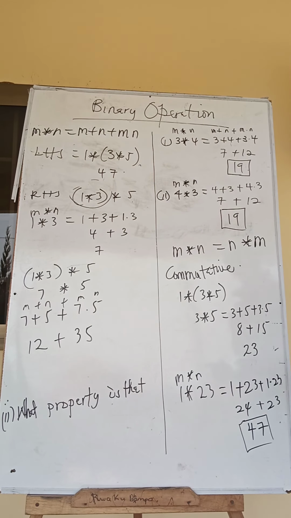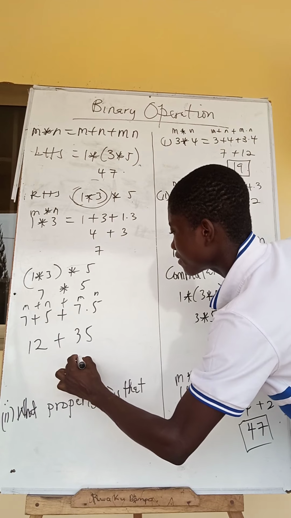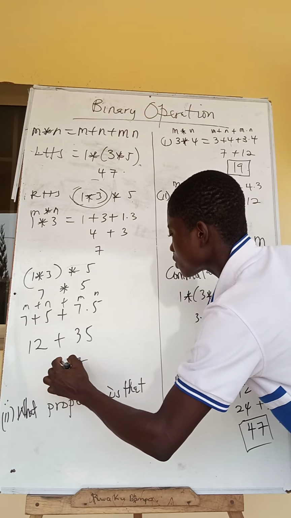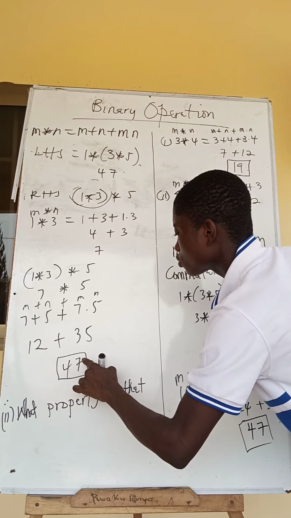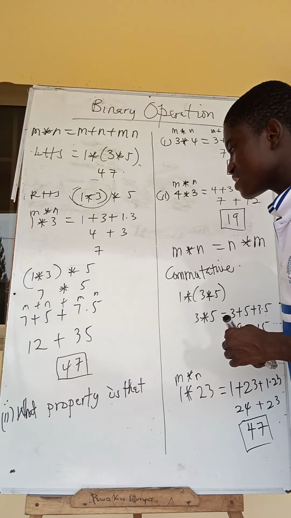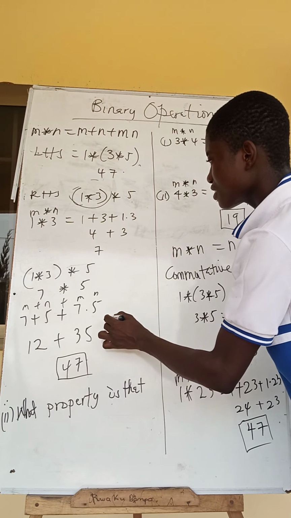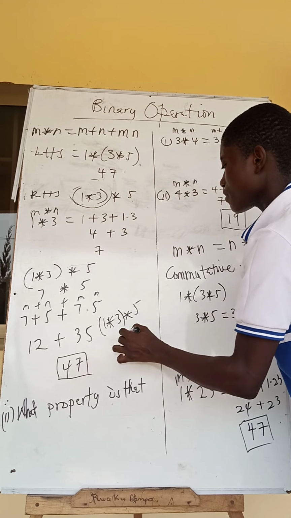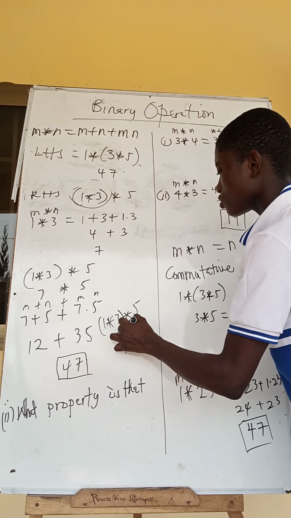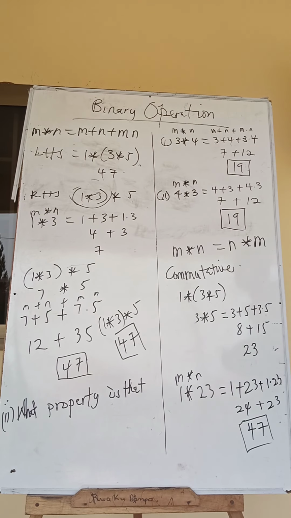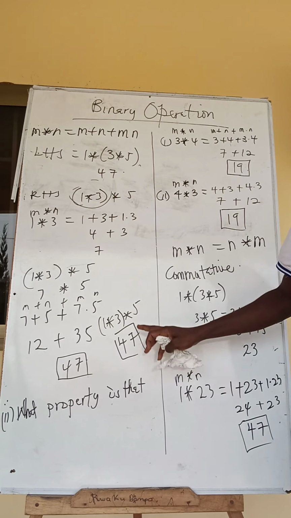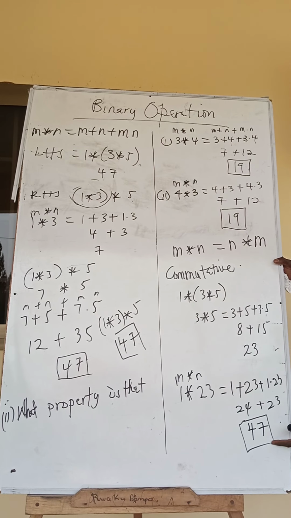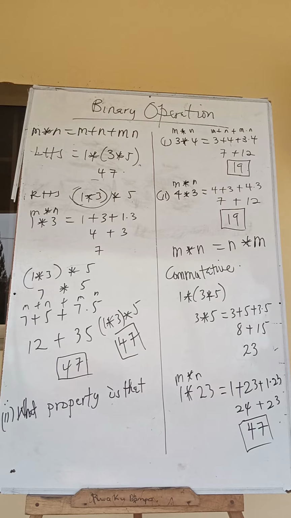So this is also going to get us 47. So don't forget that here we are also getting 1 star 3 star 5, you're having the answer 47. And this side too, 1 star 3 star 5 is 47.